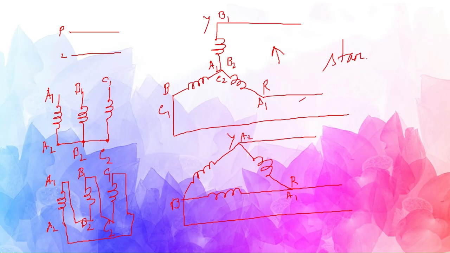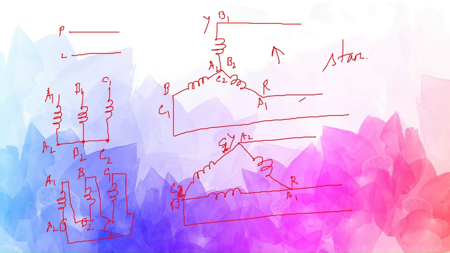Now A2 is connected to C1, so this will be C1, and this will be C2.